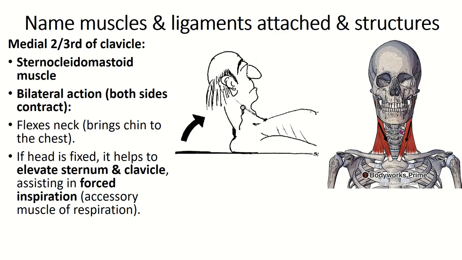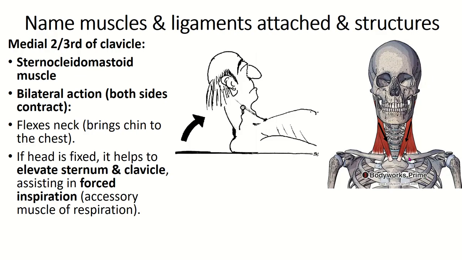When both muscles act together, the insertion is moved toward the origin, so it brings the chin toward the chest and the head is flexed. When the insertion is fixed, the origin is moved, and it helps to increase the diameter of the thoracic cage.